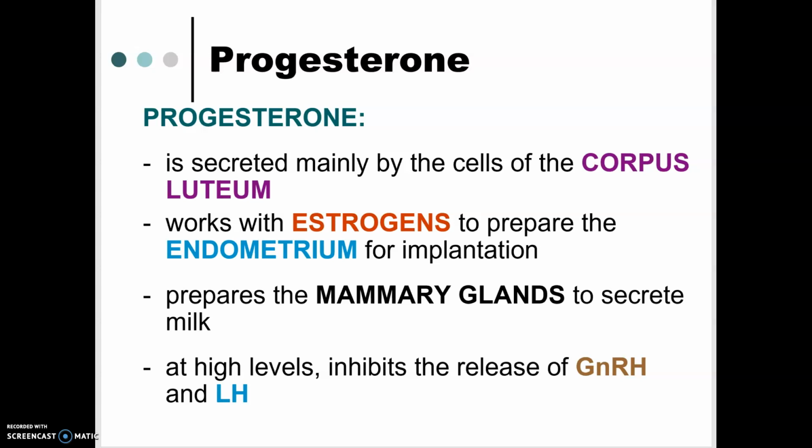Together, the estrogens and the progesterone will work to prepare the endometrium, which is the lining of cells inside of the uterus, for implantation, so the possible fertilization, and then we have implantation where the embryo will attach to the mom, and further development can happen. We'll also see that progesterone prepares the mammary glands to secrete milk, which will help nourish the baby after it's born.